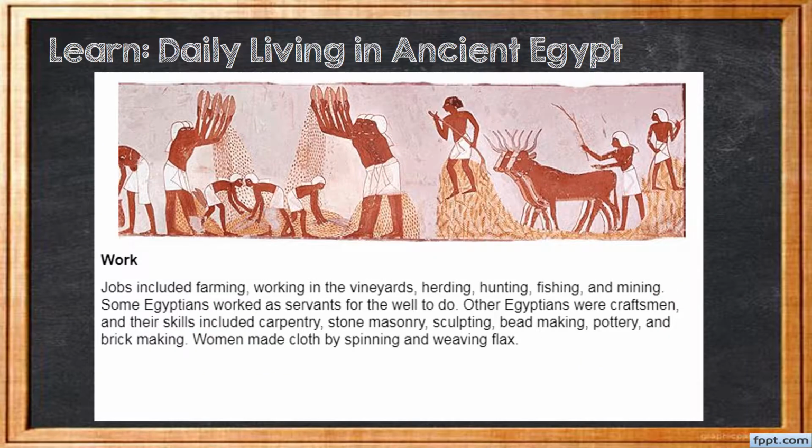And then what did their work look like? Jobs included farming, working in the vineyards, herding, hunting, fishing, and mining. Some Egyptians worked as servants for the well-to-do, and other Egyptians were craftsmen, and their skills included carpentry, stonemasonry, sculpting, bead making, pottery, and brick making. And women would make the cloth again by spinning and weaving the flax.